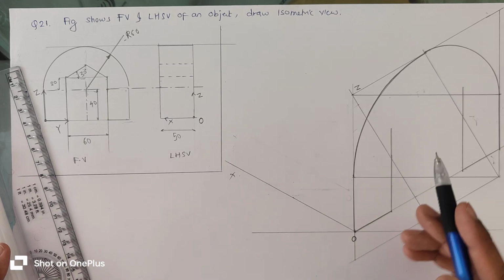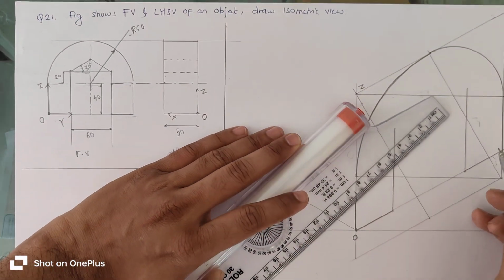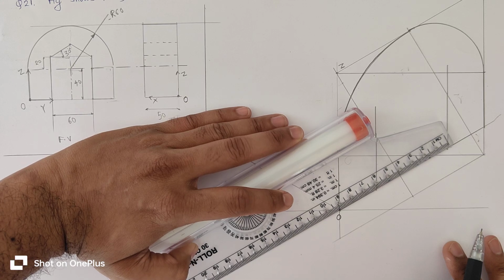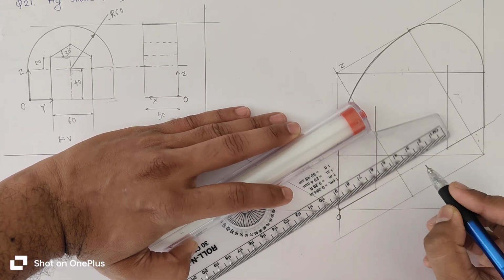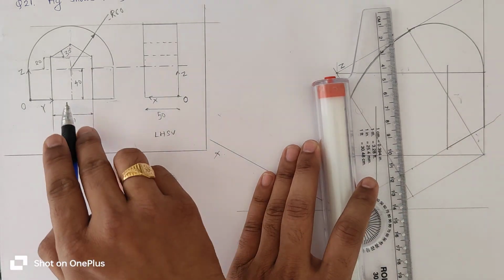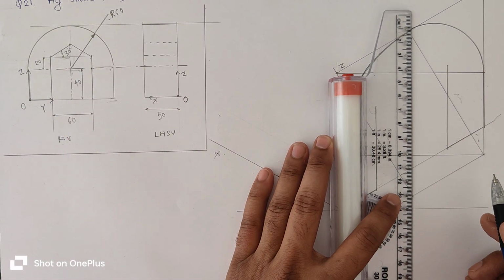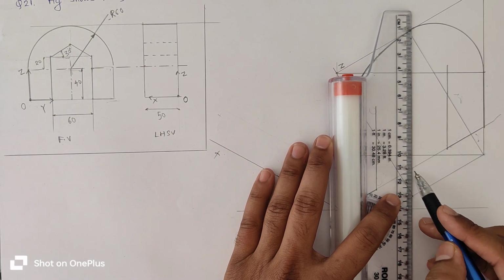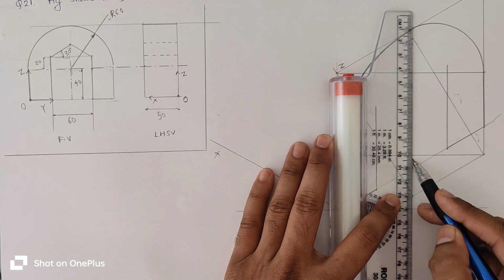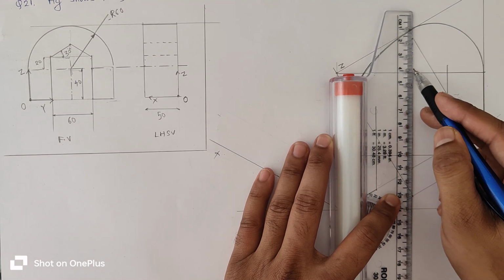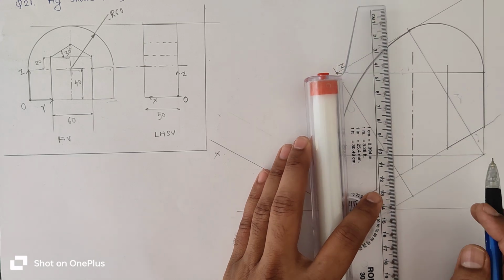So for that, first we will take a midpoint, then this is a midpoint. Now draw center line parallel to z axis, so on this line there will be a point.